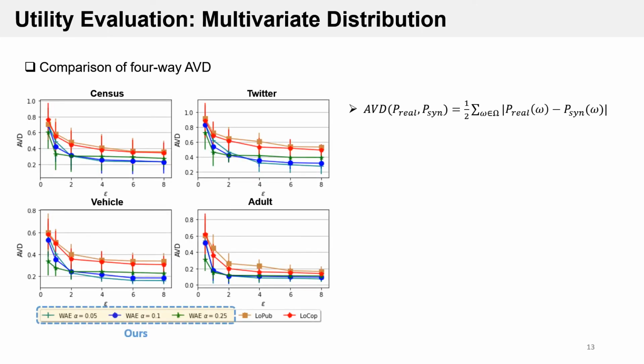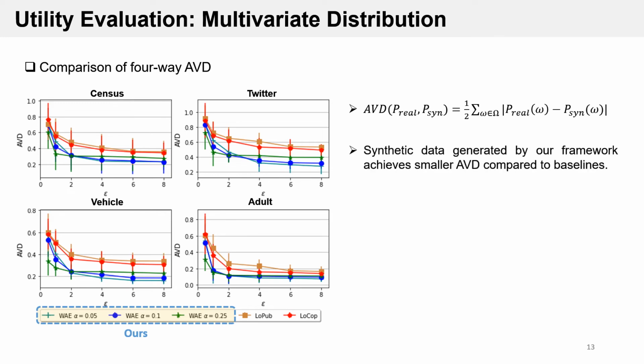The figures show the results of 4-way AVD under different privacy levels. It can be seen that the AVD decreases with an increase of privacy budget epsilon, and our framework generally achieves a smaller AVD compared to the baselines. This indicates that the synthetic data generated by our framework can preserve better multivariate distributions in real data.